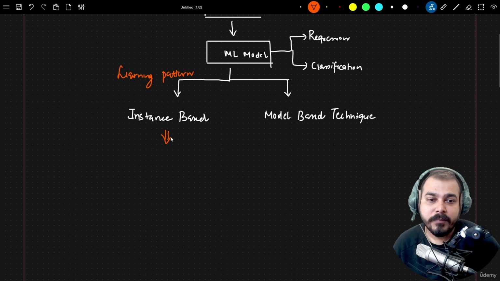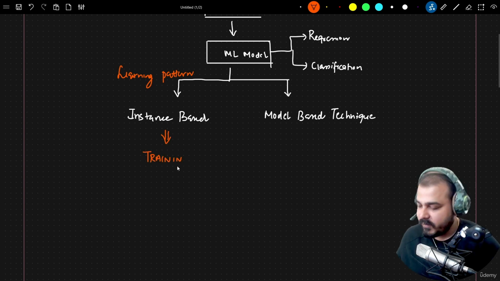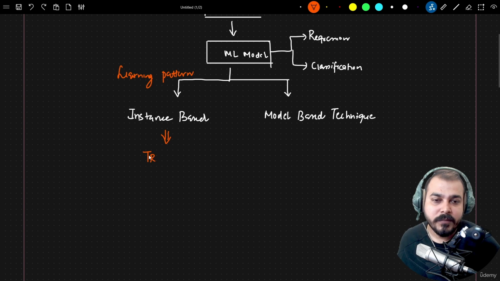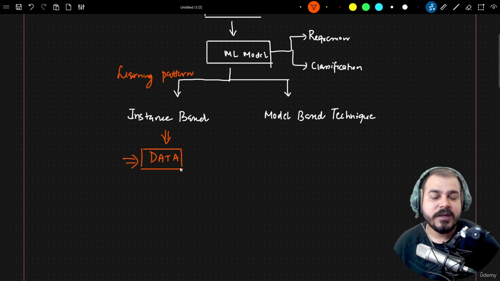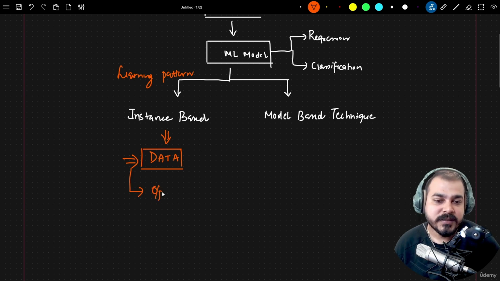If my model is completely dependent on my training data for doing every prediction, then based on how the data exists, we will get some specific output.